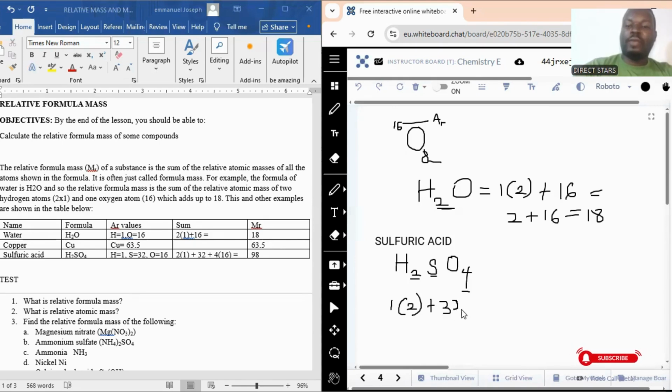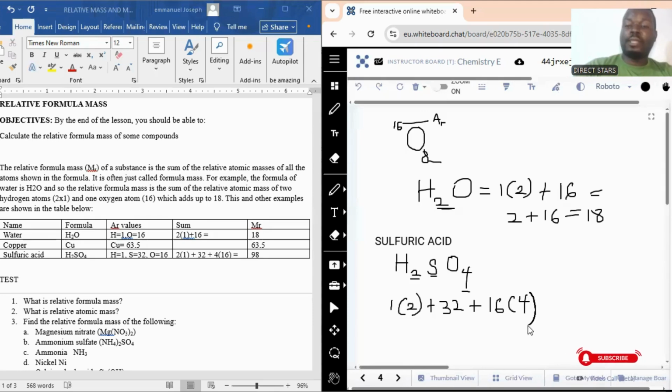We have just 1 atom of sulfur here, so we just write 32. There's no need putting any number in parentheses in this case because the number of sulfur we have is just 1. Oxygen is 16 from the periodic table, and we have 4 atoms of oxygen here.